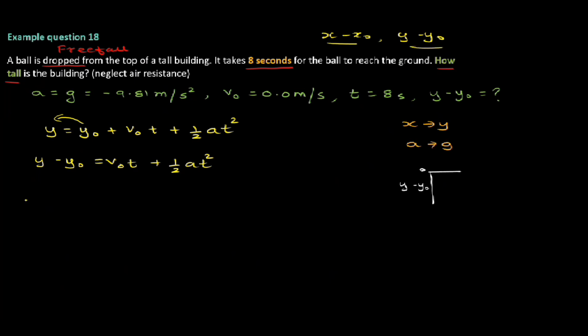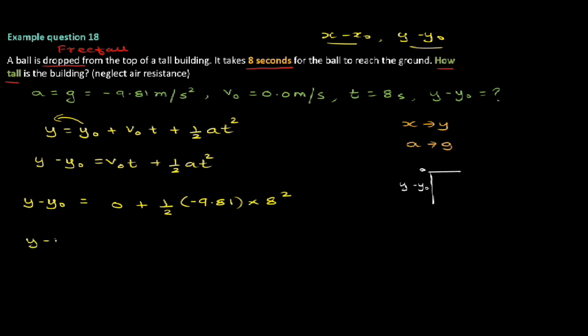Now let us solve. y minus y0 will be equal to initial velocity v0, which is 0. When you multiply anything with 0, you get 0, plus half, acceleration is g, which is negative 9.81. So I substitute negative 9.81 times t squared, so I will take 8 squared.